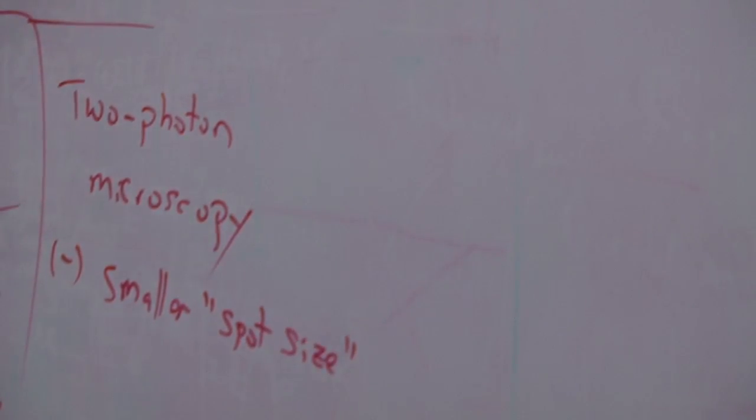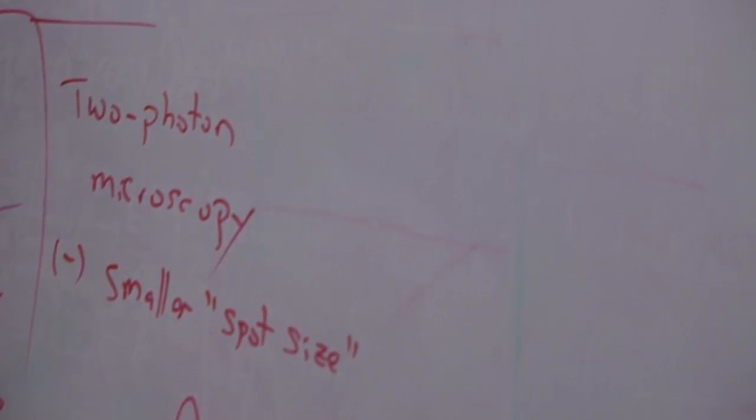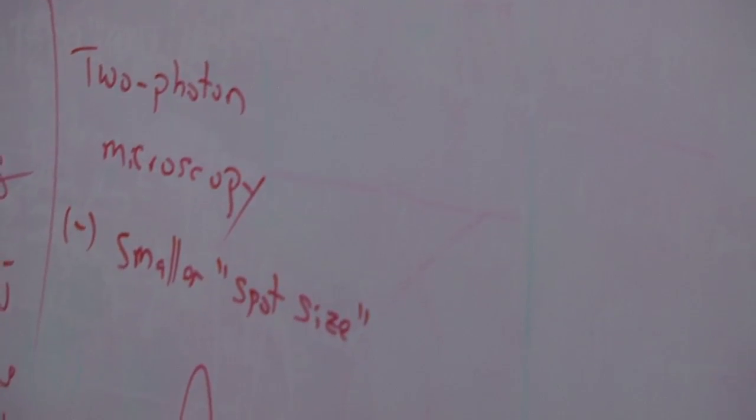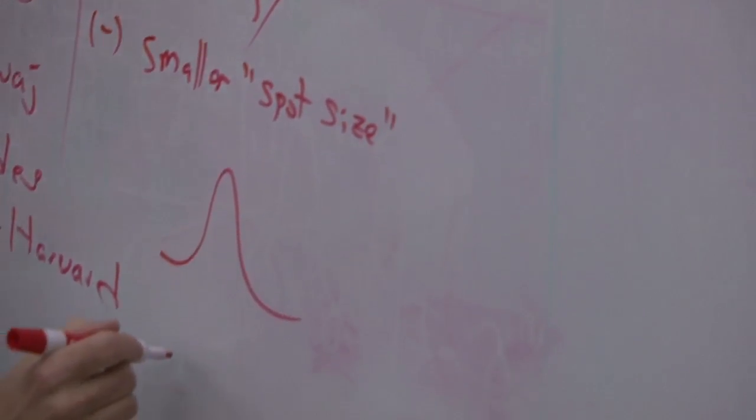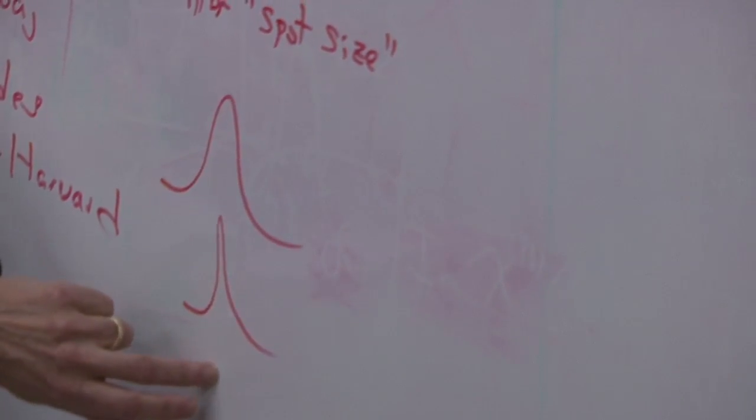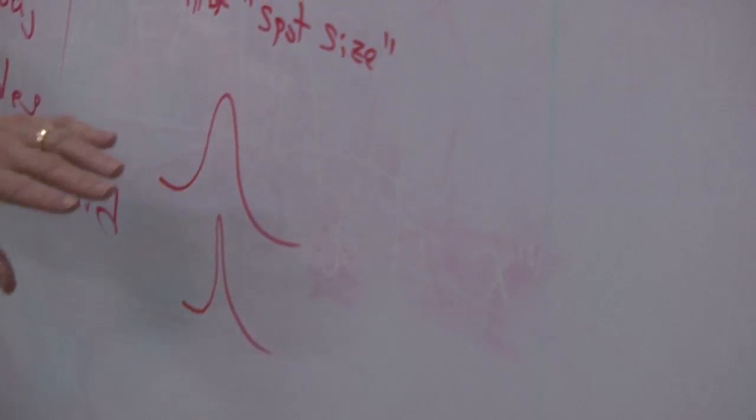Smaller spot size? Well, the laser spot is not really smaller, but if you have a laser beam that looks like this, the two-photon absorption goes like the square of this. So when you square this distribution, it looks narrower. So you get an increased resolution, numerically maybe the square root of 2 or thereabouts.